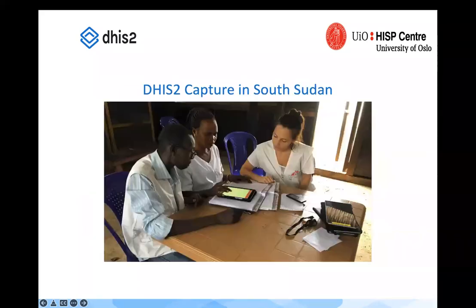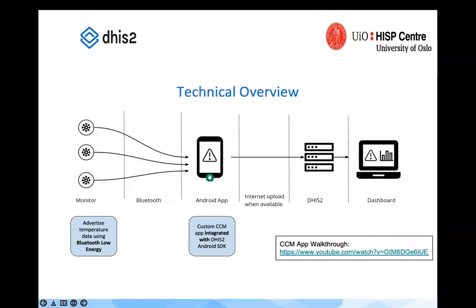Next slide, please. This is just an example of showing how DHIS2 is actually used in the field with one of our Android developers. Next slide, please. So this is basically our technical concept. On the left side, you have the Bluetooth temperature data logger that records the temperature every 10 minutes, could be every minute.